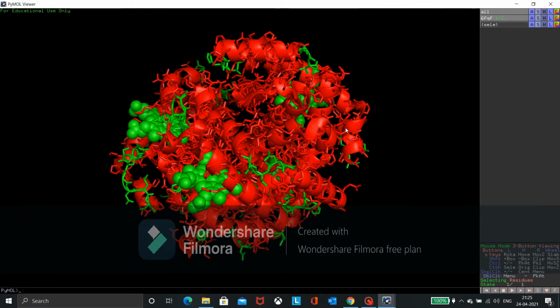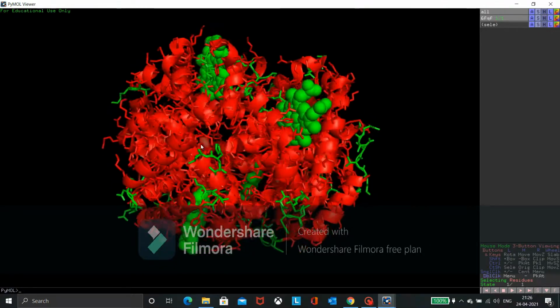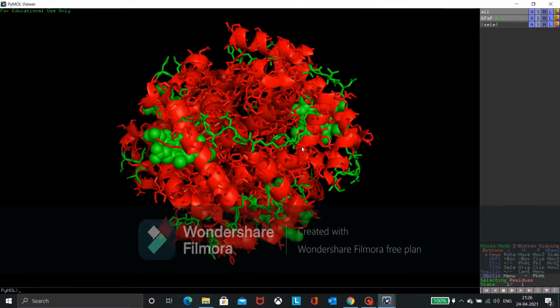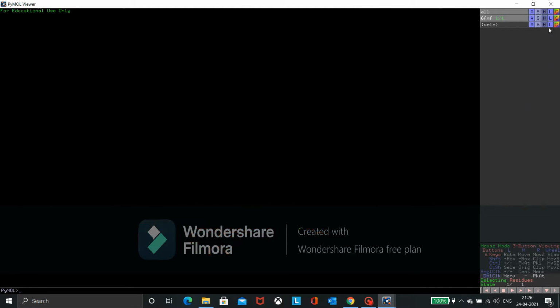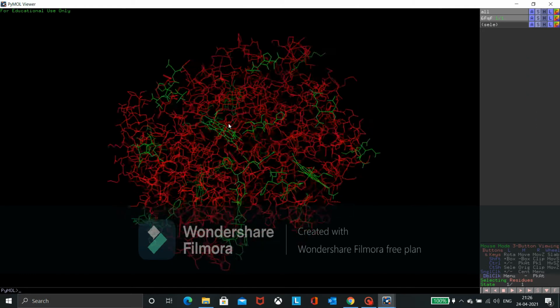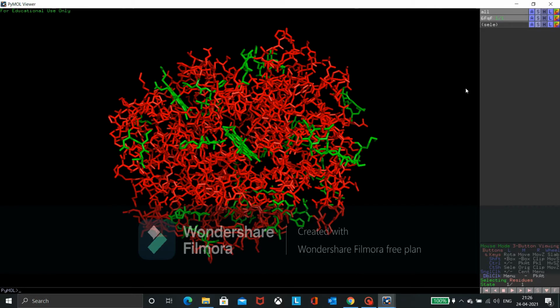Now we are going to find out the disulfide bonds and how many there are. So at first we are going to hide all of them, because the disulfide bond cannot be seen like this. We need to make a little bit simpler figure.